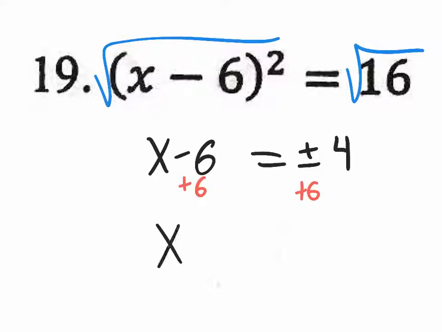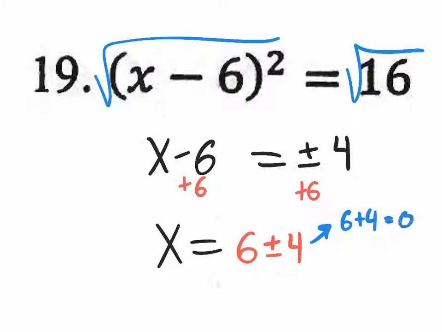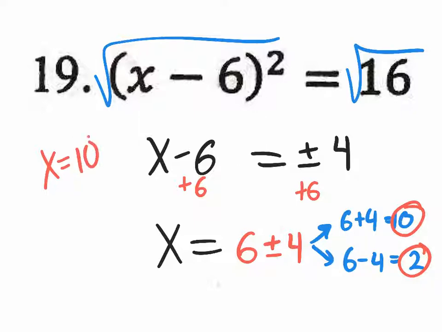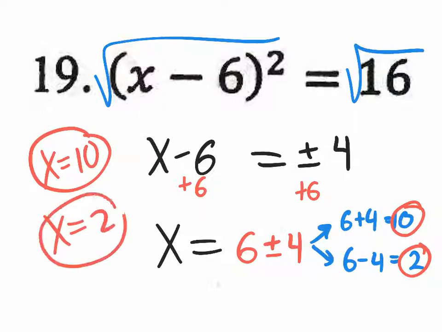Now, you can't really add 6 yet to the plus or minus 4. You actually have to rewrite it: 6 plus or minus 4. And now you could actually do both situations. The 6 plus 4, which gives you 10. And also the 6 minus 4, which gets you 2. So those are your two answers, 10 and 2. So x equals 10, x equals 2.